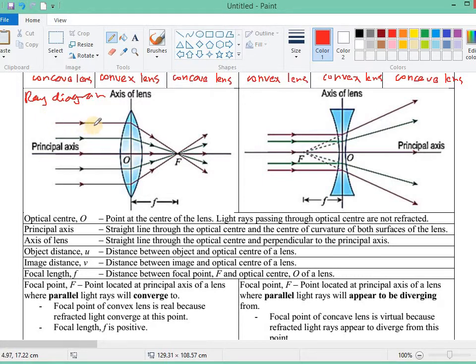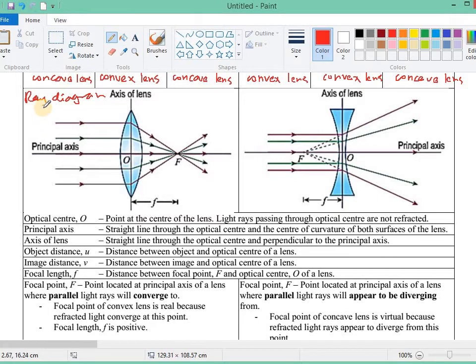When the light ray goes to the lens and passes through the lens, what will happen to the light ray? Where will the light bend, in which direction? That is the purpose of the ray diagram, to show us the path of the light. Where will the light go after passing through the lens?